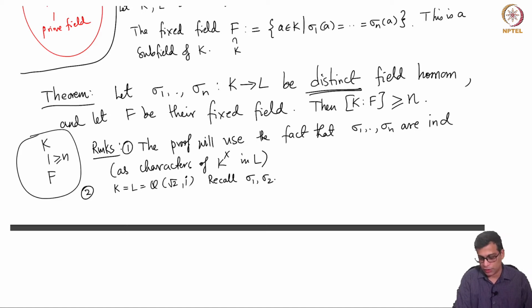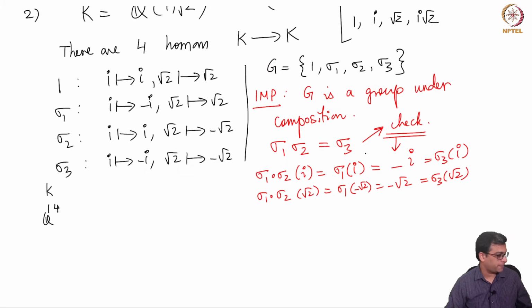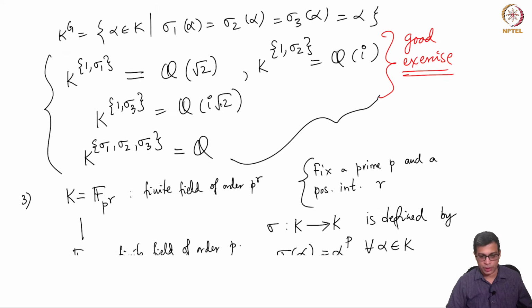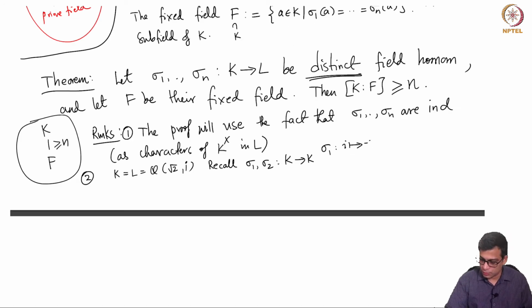Take sigma 1 and sigma 2 from K to K. Just to be consistent with the earlier notation, sigma 1 sends i to minus i and root 2 to root 2, and sigma 2 sends i to i and root 2 to minus root 2.